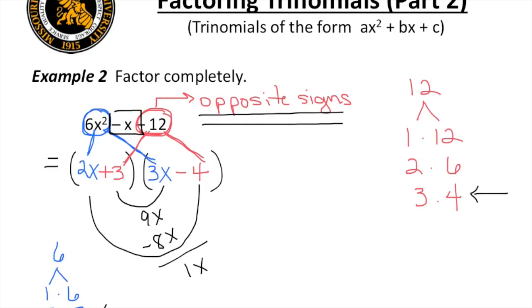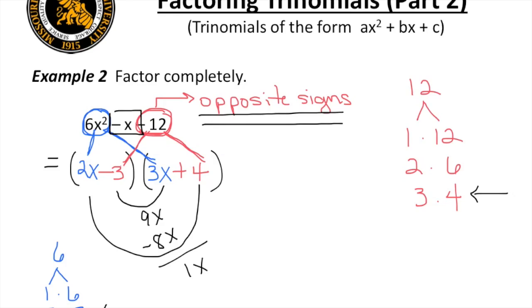So let's erase again and place the minus with the 3 and the plus with the 4. How does that change our inner and outer products?